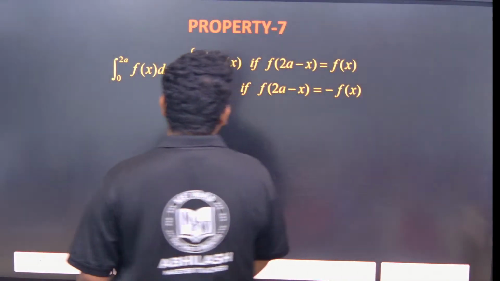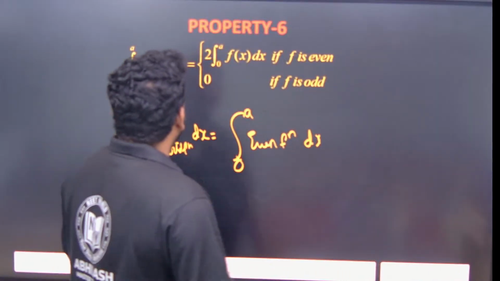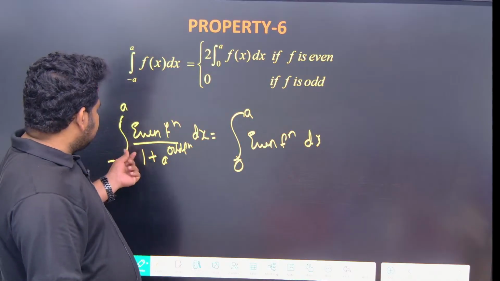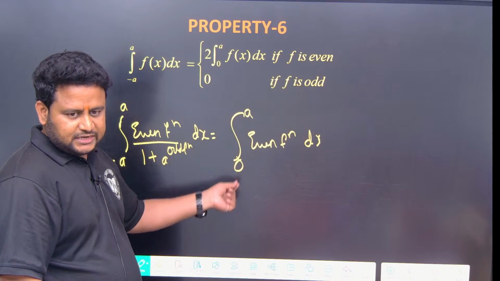See if it is even function. If I was checking the property like this, even function by 1 plus a power this one, then I should write 0 to a.